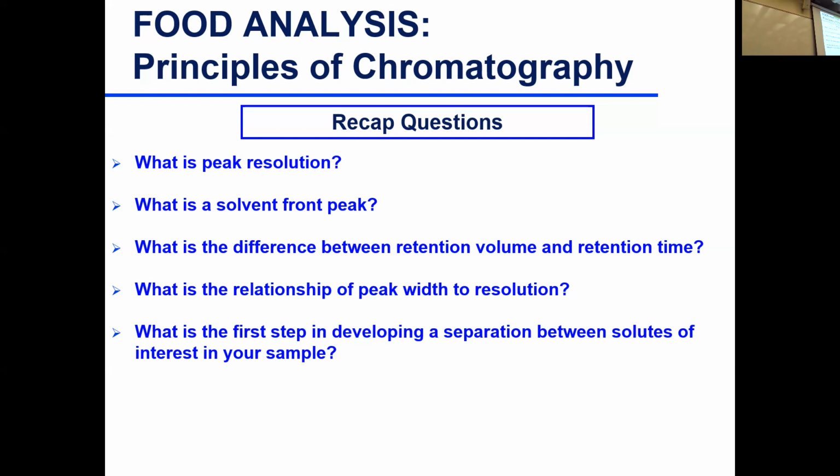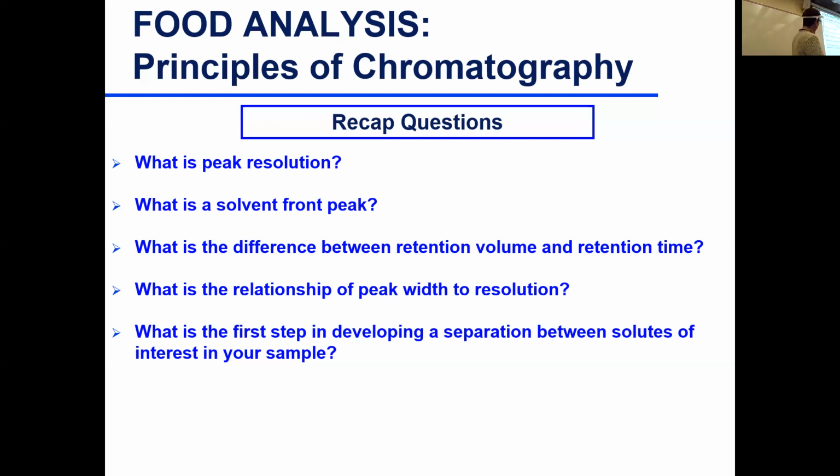The longer it takes for equilibration, which is associated with a larger height equivalent of a theoretical plate, this will cause the peak to widen because now it's diffusing down the column. So it's going from a sharp to a diffused band. So then the peak widens.